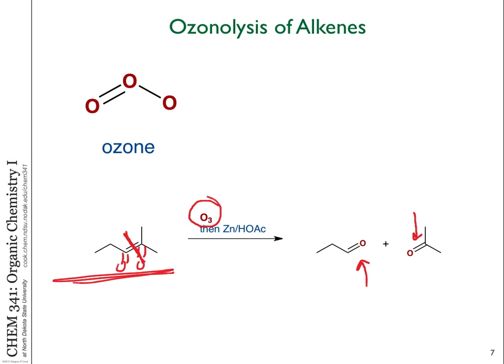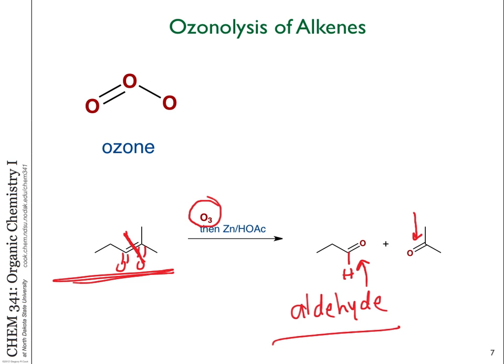If the molecule is a symmetric alkene, then you'll get 2 molecules, but they'll be identical. In this case, the substitution on either end of the double bond is different, and so we get 1 molecule from the left side, which has a hydrogen here and an ethyl group. That functional group is called an aldehyde.